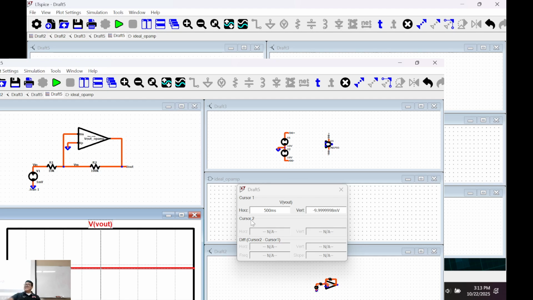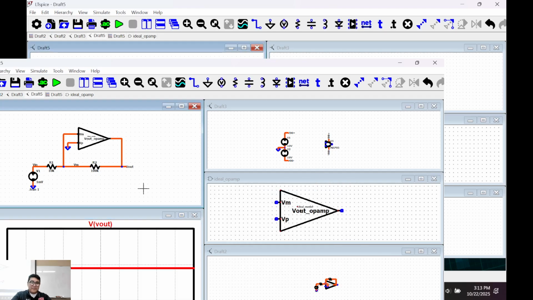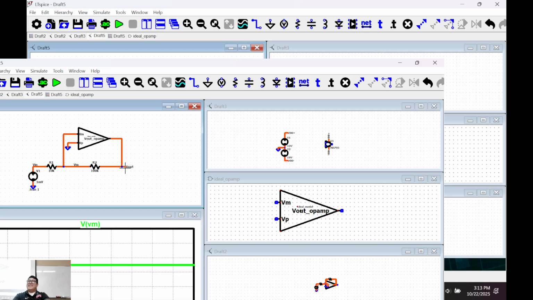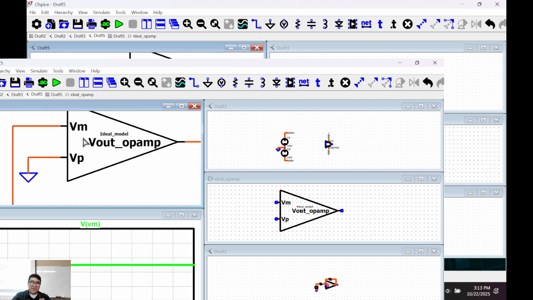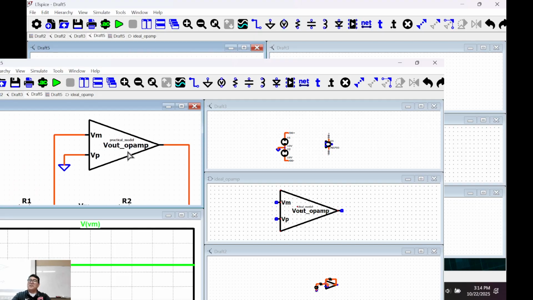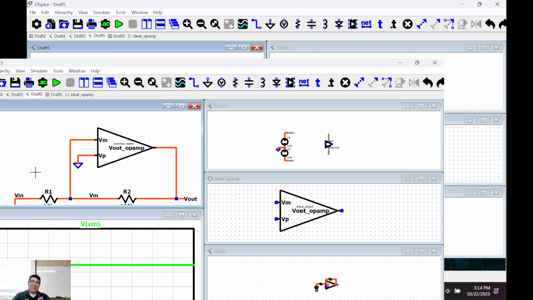Is that good with you? You feeling good? But the difference there is like 8, that's tiny. That's practically 0. But if I replace this back, Control Z, practical model, watch our VN: 100 nanovolts. We did it. You like that?